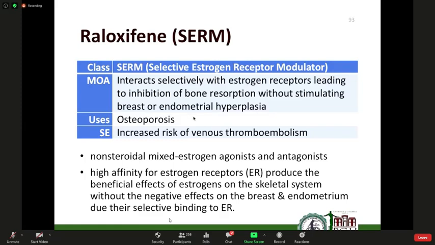But because it's selective, it doesn't stimulate the breast or cause endometrial hyperplasia. So it's selective to bone resorption, and therefore can be used as an adjunct in menopausal osteoporosis. So although the risk for VTE is less, it's still there. And so you check out the risk, if patients have risk for this at baseline, so that you can then protect them or not use these drugs if they have risk factors.